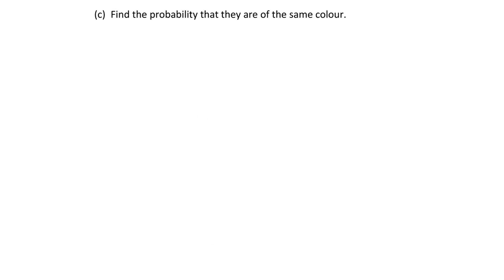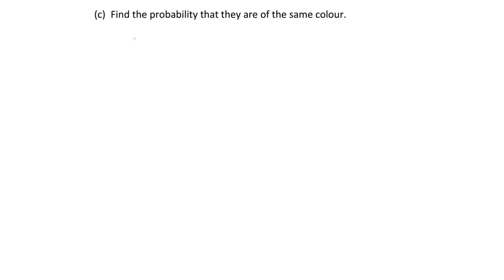Part C of the question, find the probability that they are the same color. Okay, so probability of the same color equals probability of black for the first and black for the second, or probability of red for the first and red for the second drawing. We have to remember that OR means we have to add the values, and AND stands for the multiplication of the values.